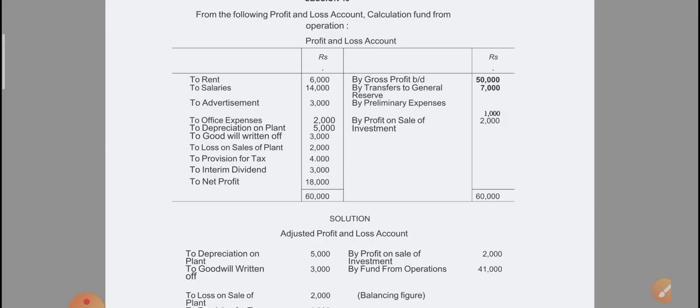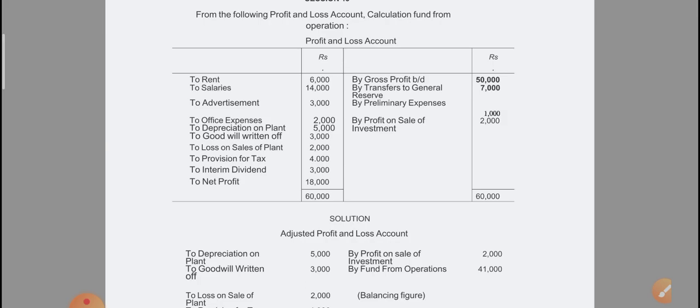So the format is given in the previous session video classes. You can go through the format. We all know how to prepare an adjusted profit and loss account, the way a financial statement is prepared for any joint stock company.